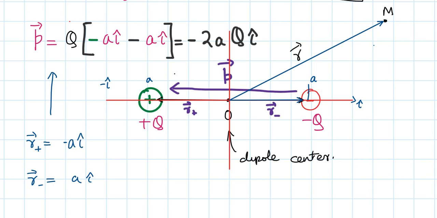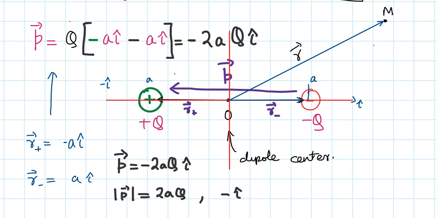So this itself indicates that our dipole moment is minus 2A q I cap, where the magnitude of the dipole moment is 2 times A times q, and the direction of the dipole moment will be in the minus I cap direction, which is from our negative charge to the positive charge.